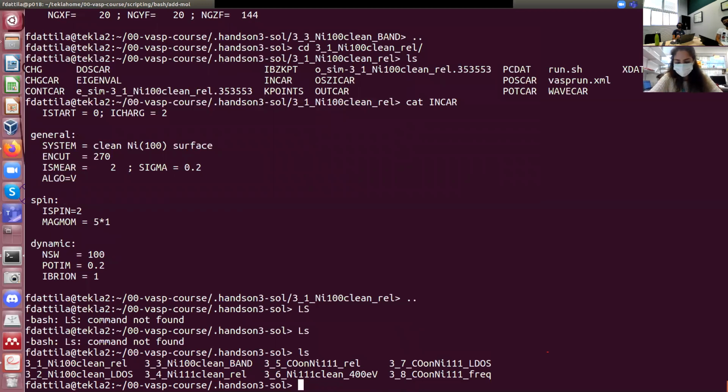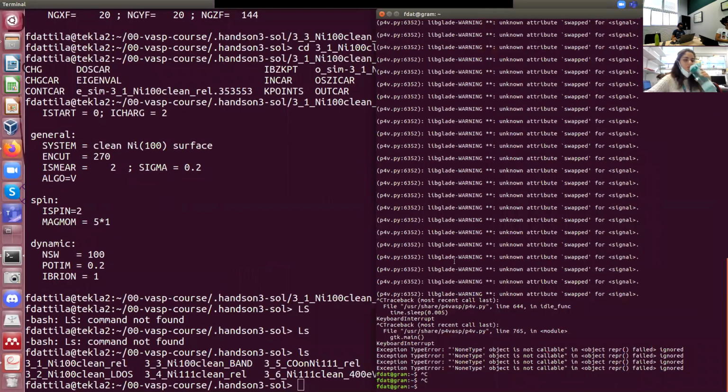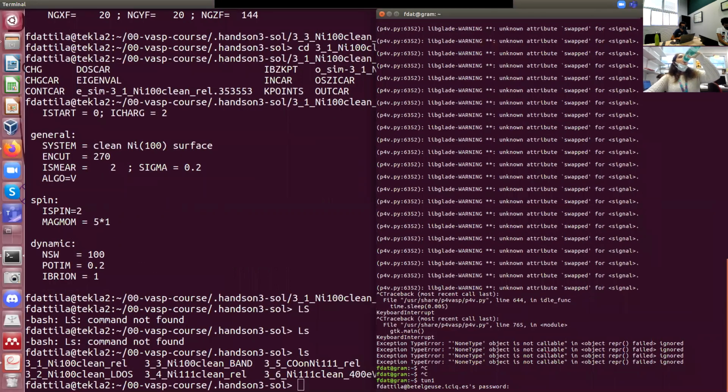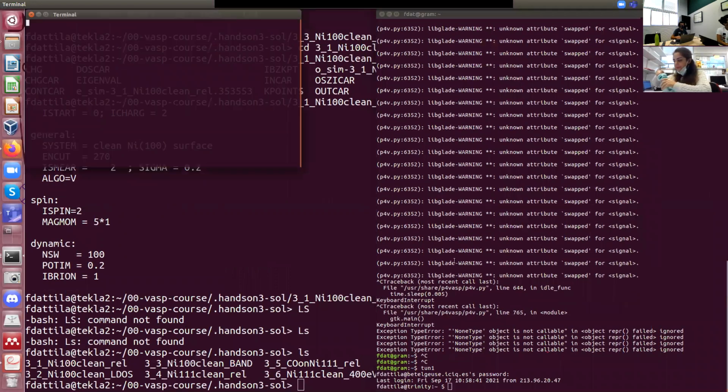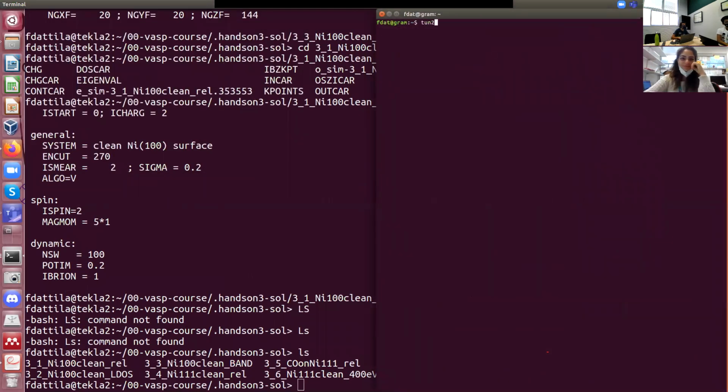I understood coverage is how many active sites are considered to be adsorbing the molecule, but I have not understood what exposure means. Anyway, how can we know those parameters in our simulation?